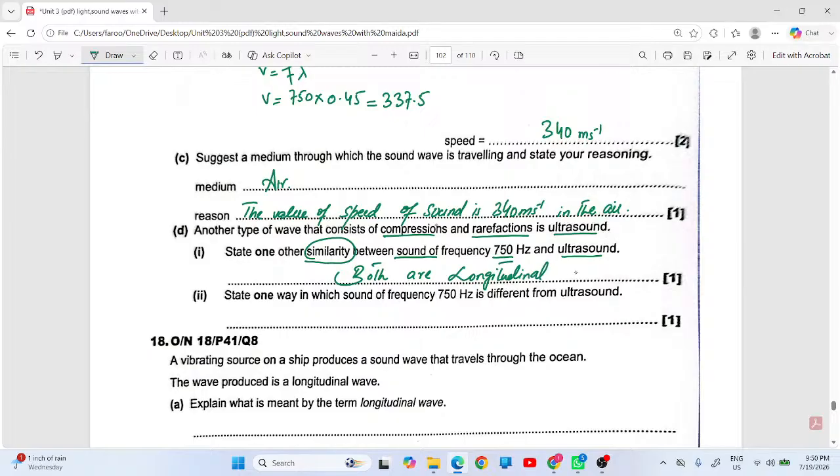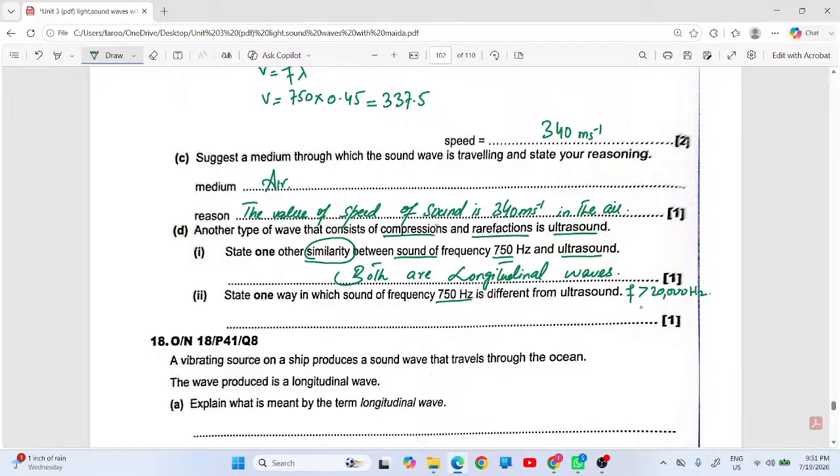State one way in which the sound of frequency 750 Hz is different from the ultrasound. The frequency of ultrasound is greater than 20,000 Hz.